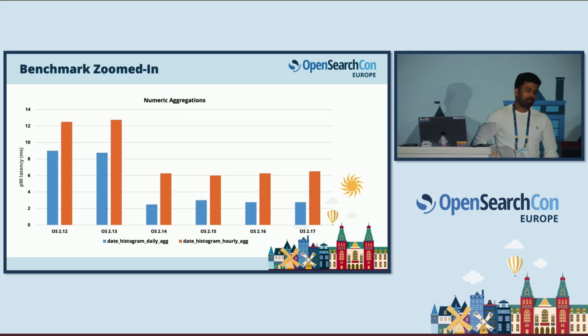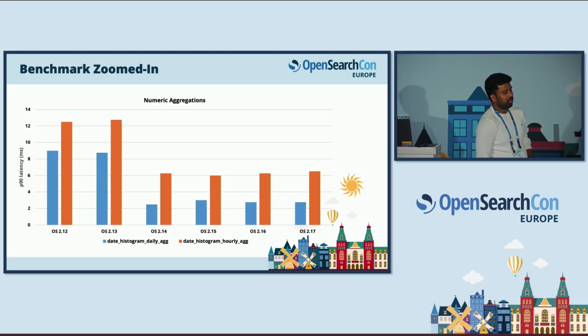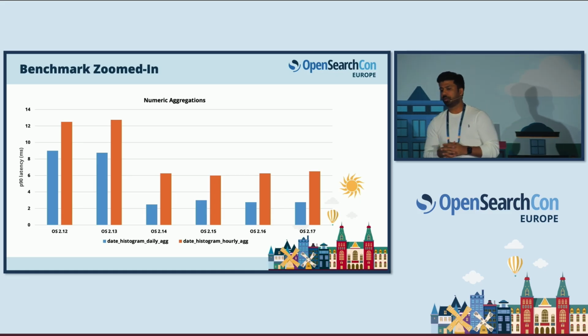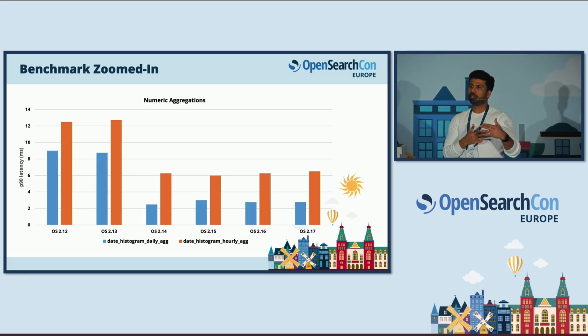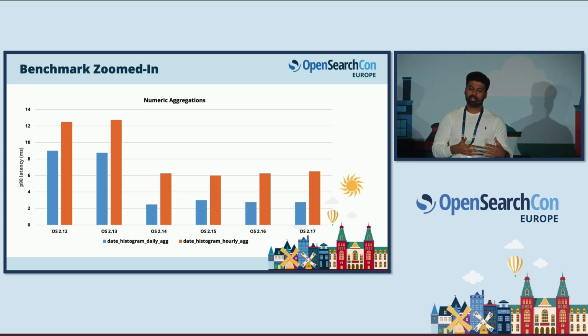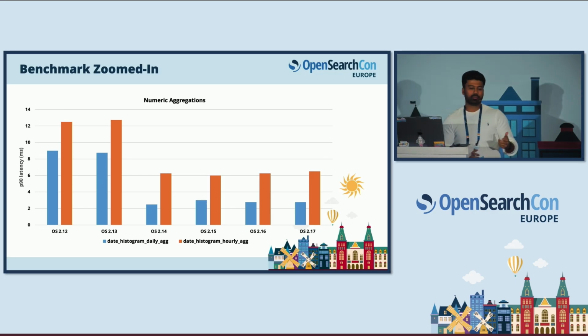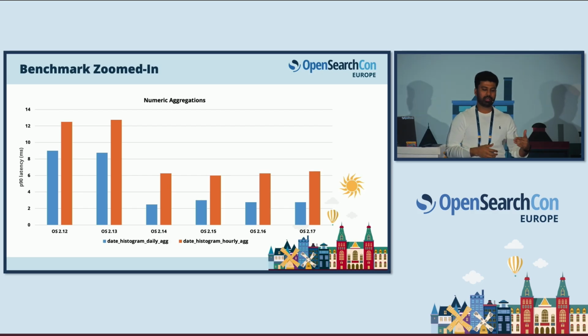So after doing this approach, in the earlier benchmark that we talked about, we were not able to improve the minutely aggregation. But in 2.14, when we went ahead with this, we were able to improve the minutely aggregation as well. I just want to quickly zoom in to the benchmark earlier.